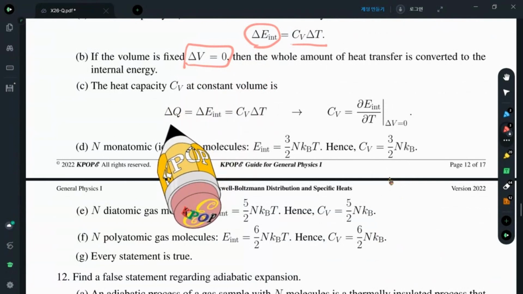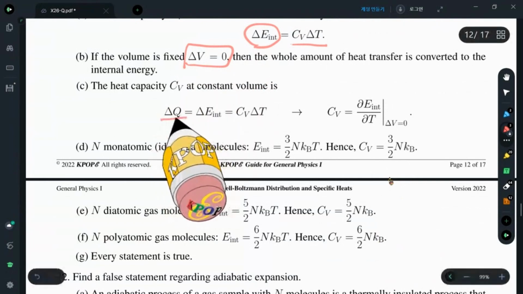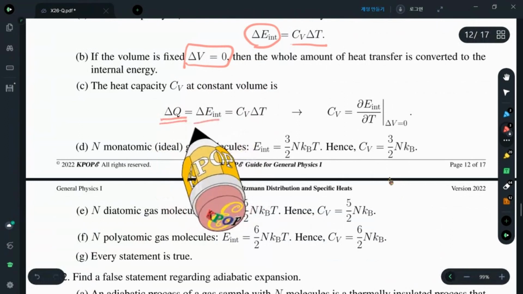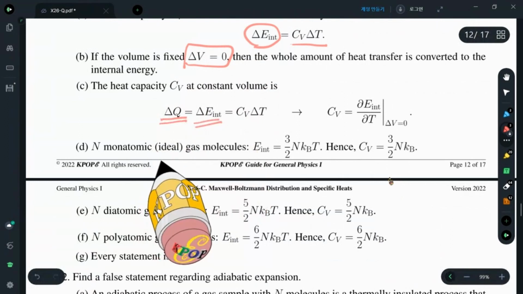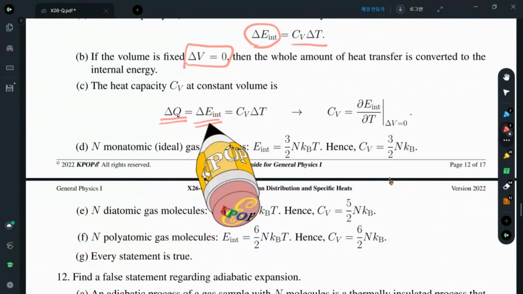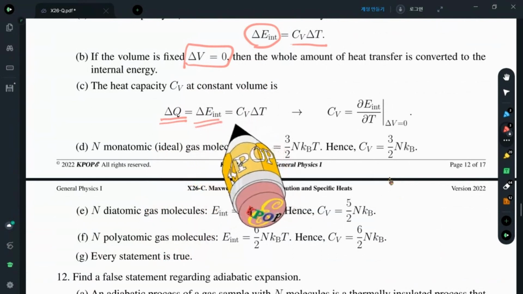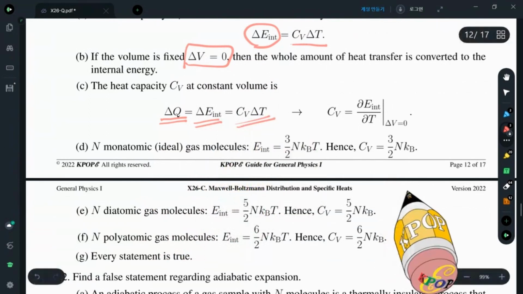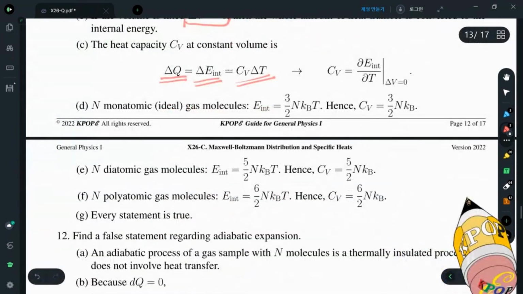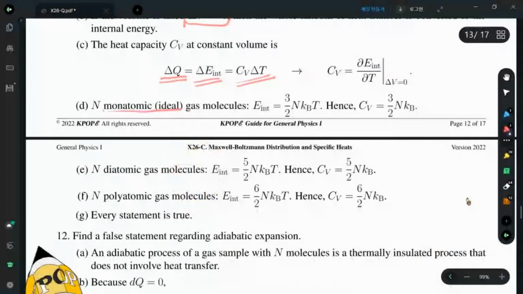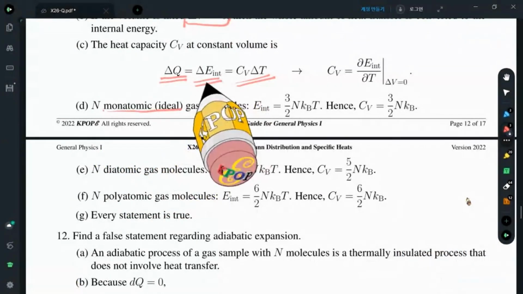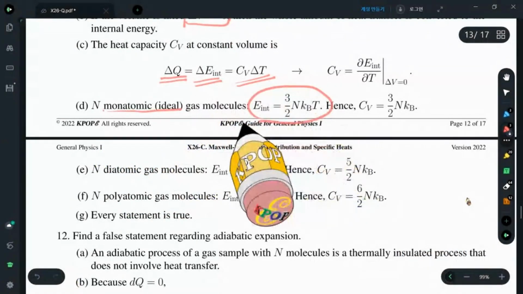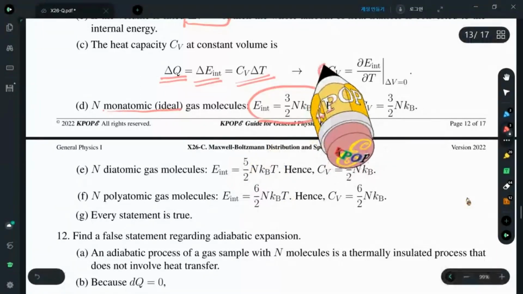Therefore, the first law of thermodynamics gives delta Q is the same as delta internal energy, and delta internal energy is by definition CV delta T. Now, if we consider monatomic gas, internal energy is 3 times 1/2 N kBT.